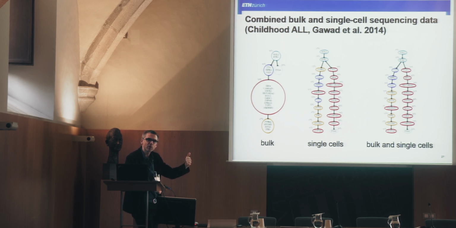If you're doing the bulk sequencing, especially with a reasonable deep coverage, then you can get better estimates of the allele frequencies than you can from the single cell sequencing data. And again, that's because of the amplification process. And so combining it, you can basically, I would almost think of it as augmenting the single cell inference by improved estimates of the allele frequencies. And that can work very nicely.